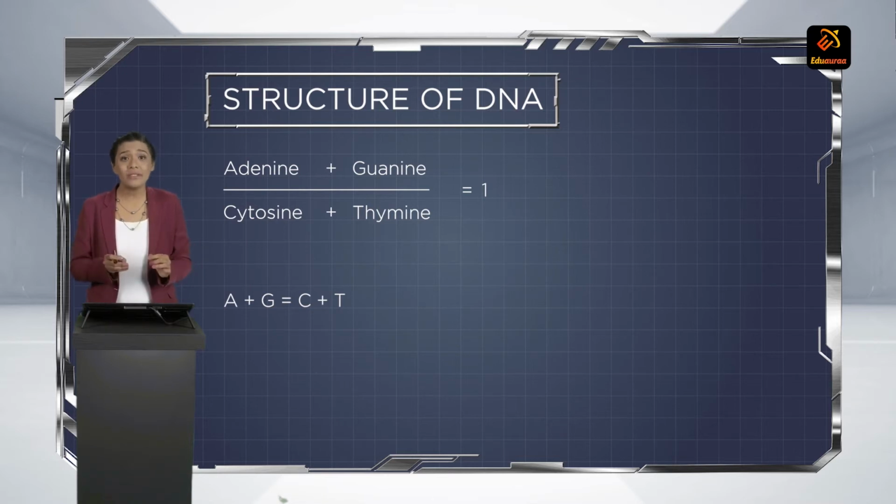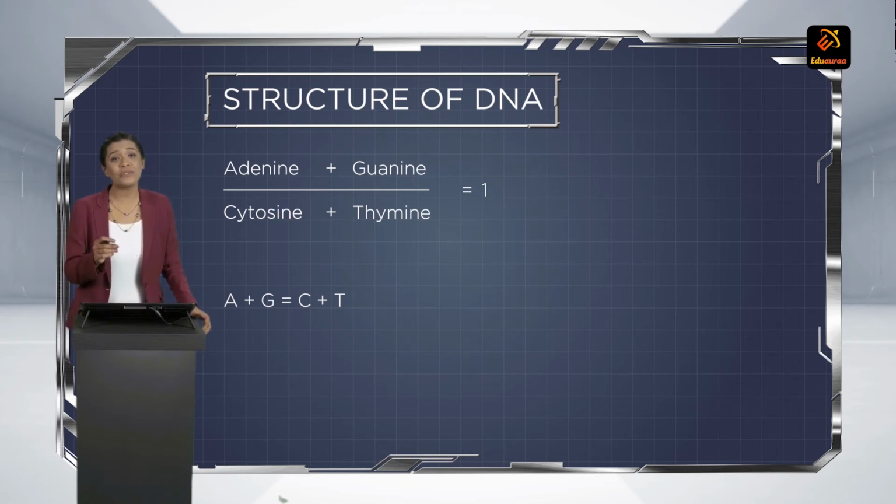That is why Chargaff's rule comes into picture. Chargaff's rule says that the number of purines is always equal to the number of pyrimidines, that is, the ratio of purines to pyrimidines is equal to 1. Now, this is also very important in solving certain MCQs that can be asked in your NEET exams.